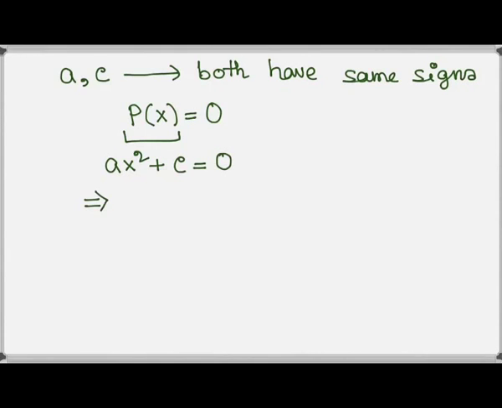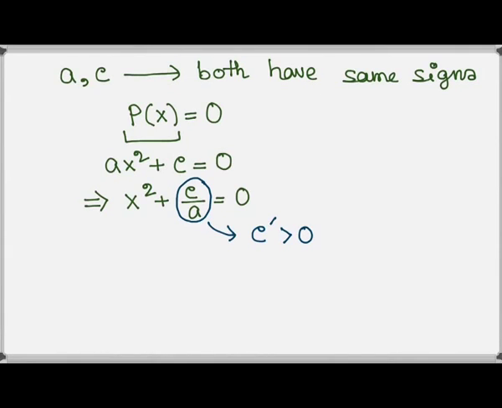From here we can write this in the form x square plus c divided by a is equal to 0. Let us call c divided by a as some constant c prime. And since a and c both are having same signs, we can conclude that c prime is strictly bigger than 0.